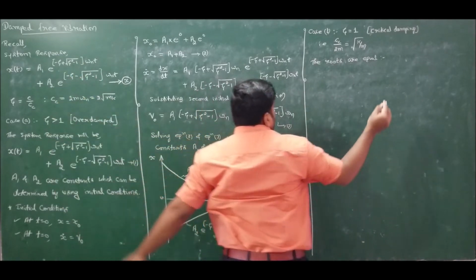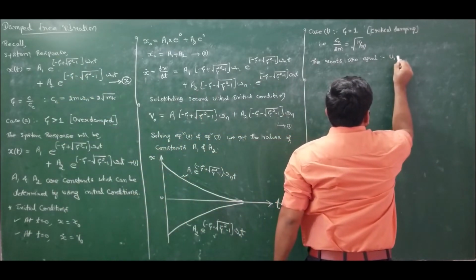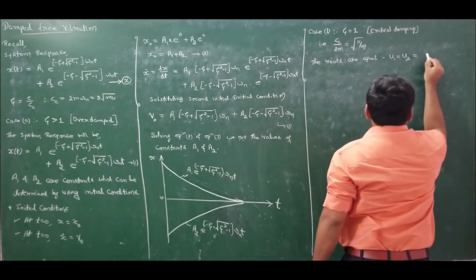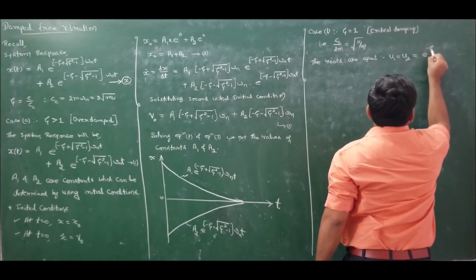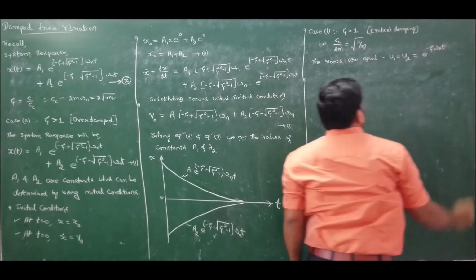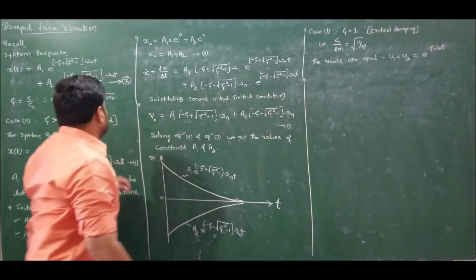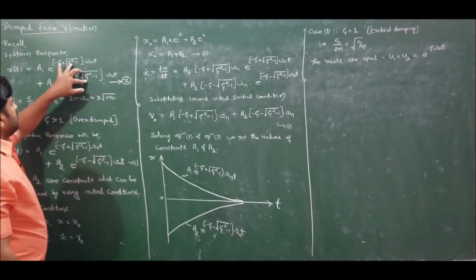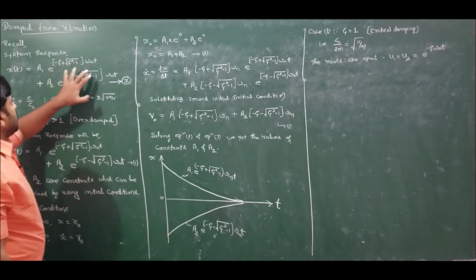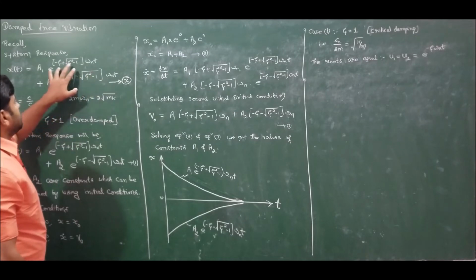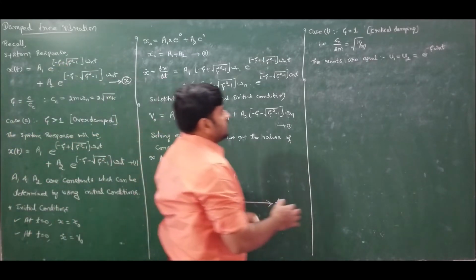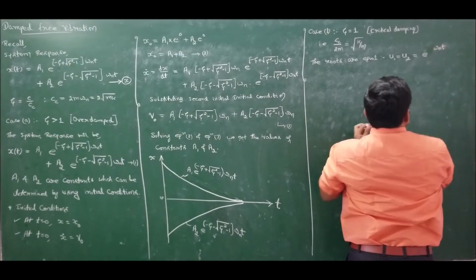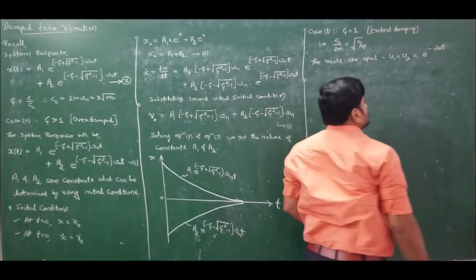That is, U1 is equal to U2 will be equal to what? E to the power of minus zeta omega n t. Correct? Substitute the value of zeta as 1. These two will become 0, which is nothing but minus zeta omega n t, and again zeta is 1. So therefore it is nothing but minus omega n t. That's it. E to the power of minus omega n t.